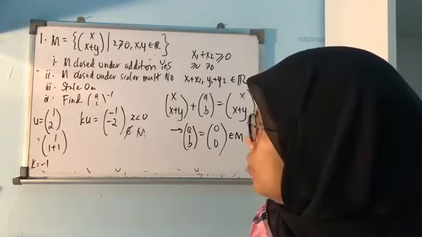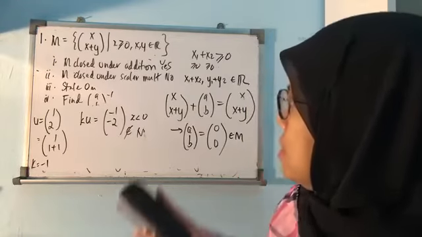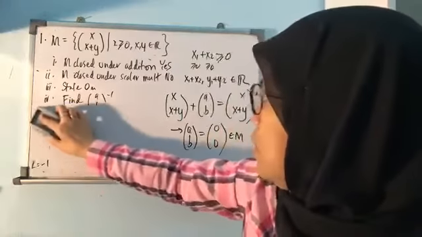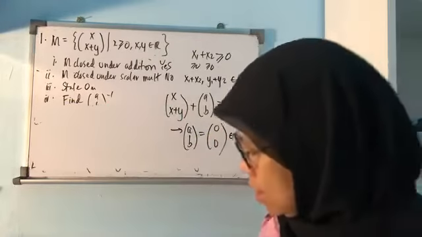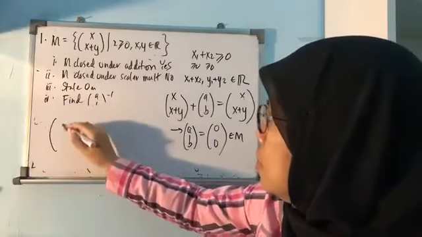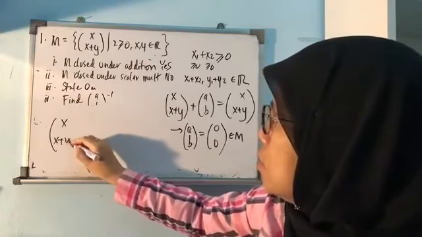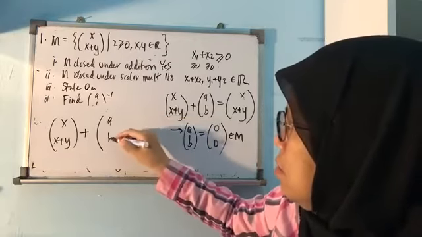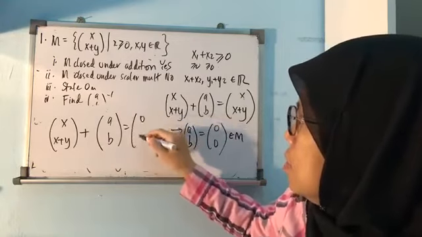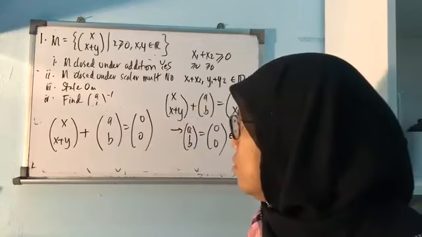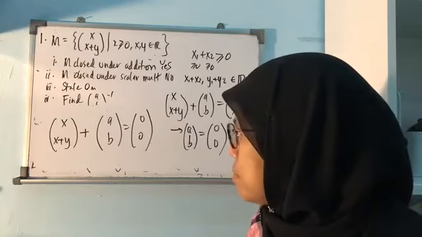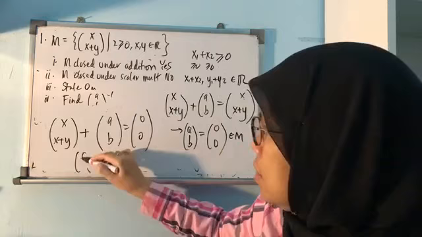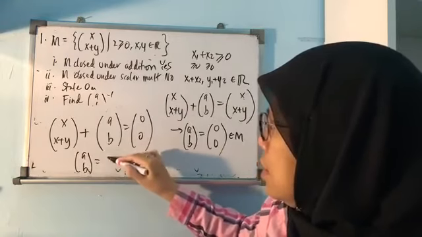Okay, last one is to find the inverse. The inverse is when you add, it becomes the zero vector, right? So (x, y) plus, what is this, (a, b) is (0, 0). So you want to find (a, b). So (a, b) is just negative, right?